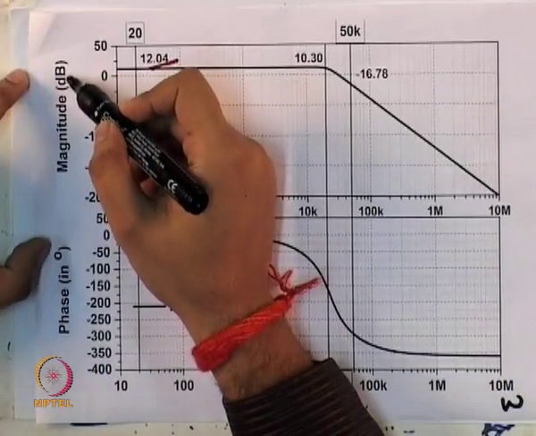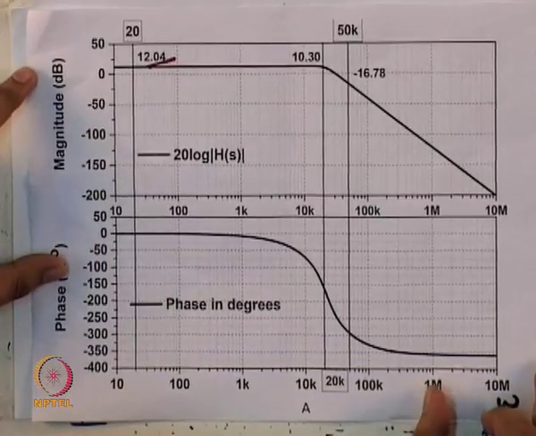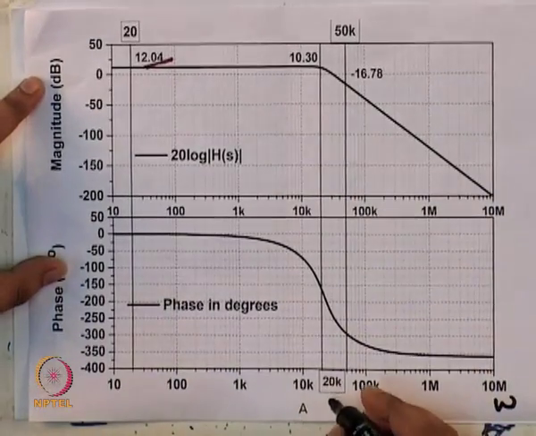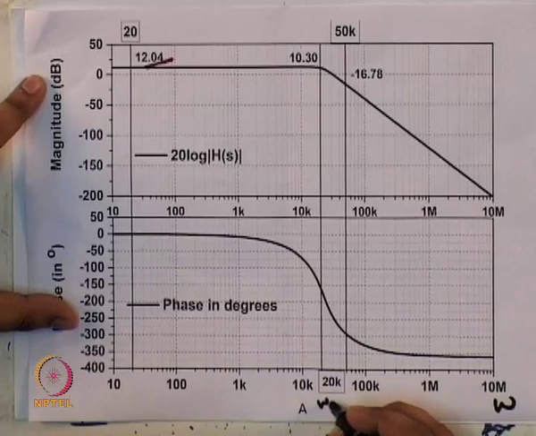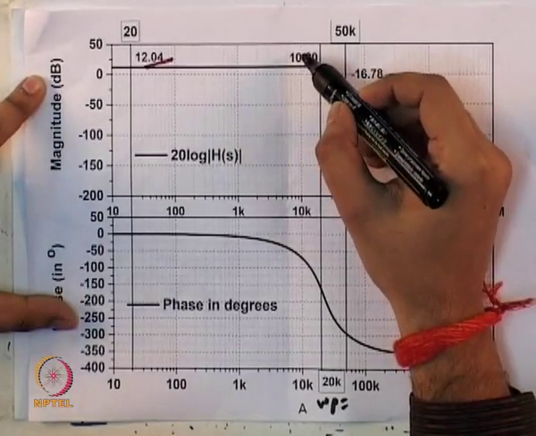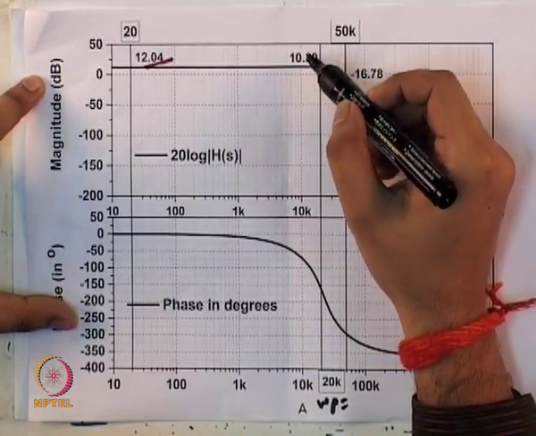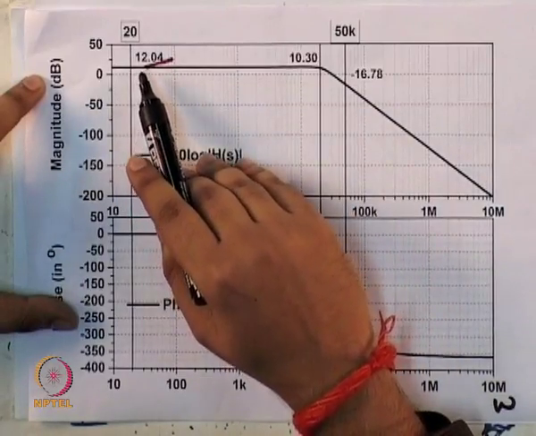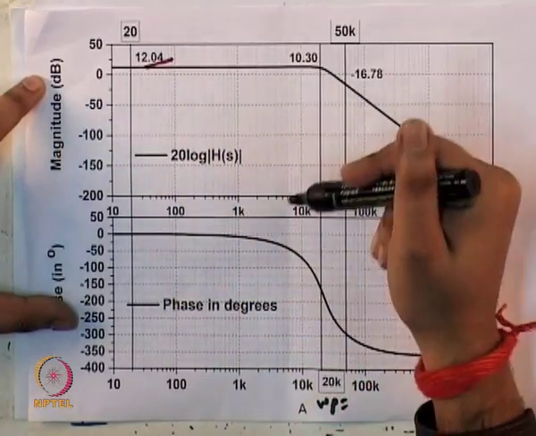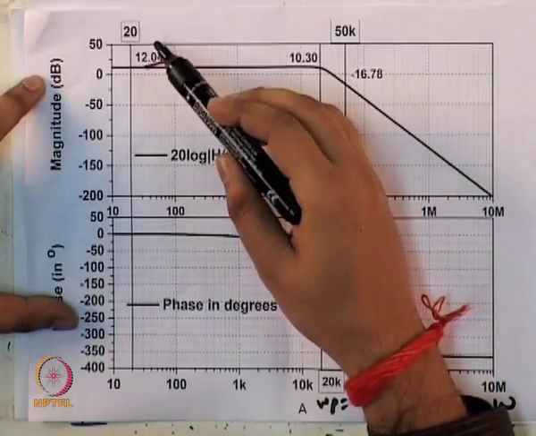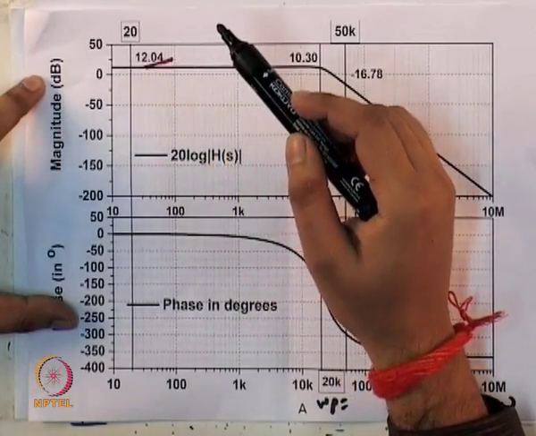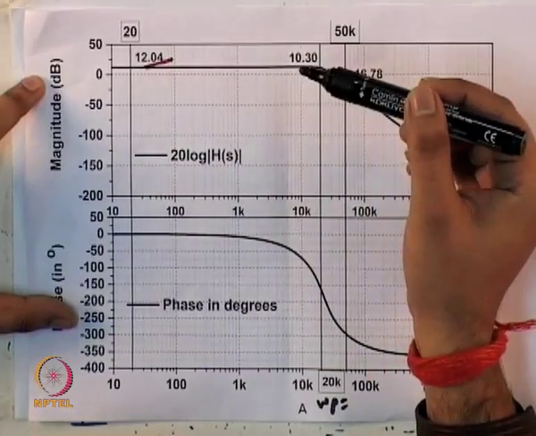This is the magnitude response, this is the phase response. At omega p equal to 20k, we have 10.30 dB gain, that is approximately 2 dB down from our low frequency value. Why is this less than 2?